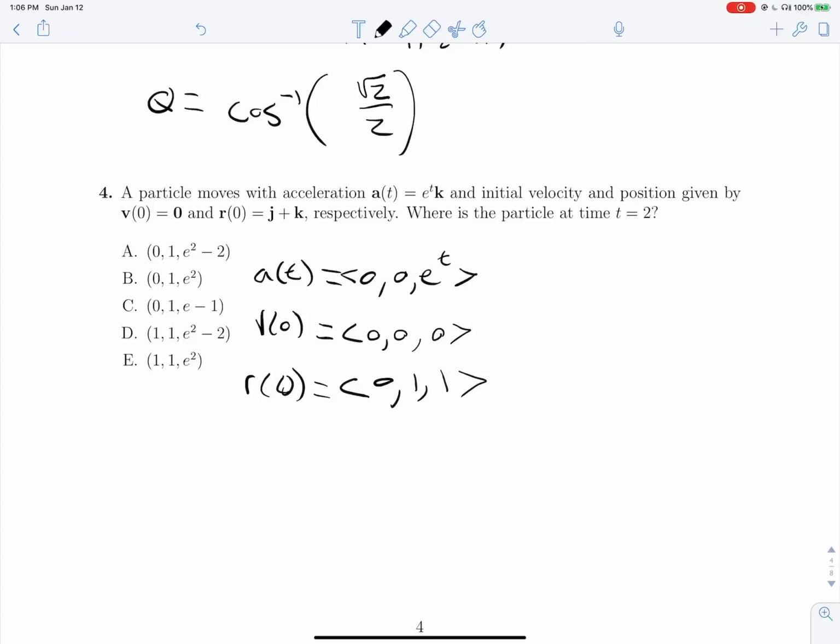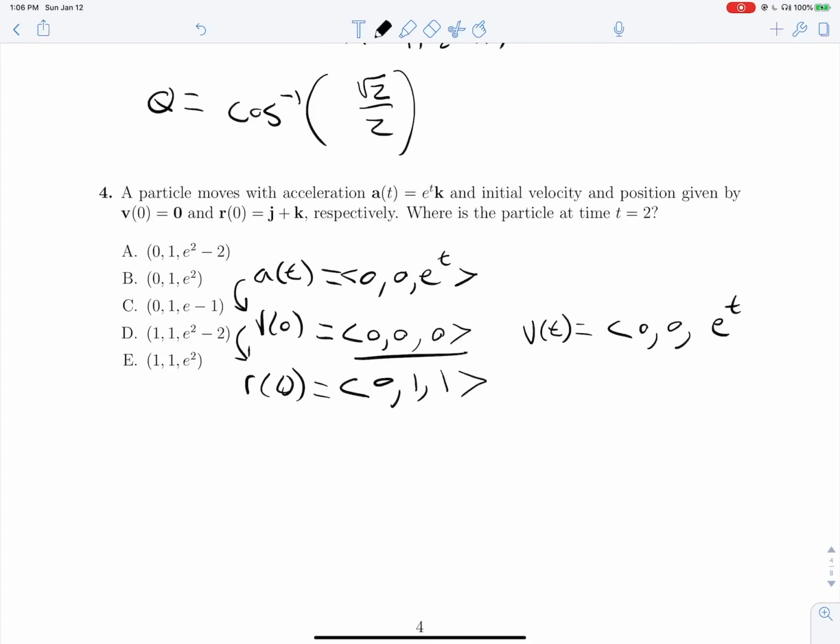So let's do this. We know that in order to get from acceleration to velocity and then to position, we need to integrate. So integrating a of t, we would get v of t as 0, 0, e to the t. And then we need to switch everything around so that we satisfy this initial value.